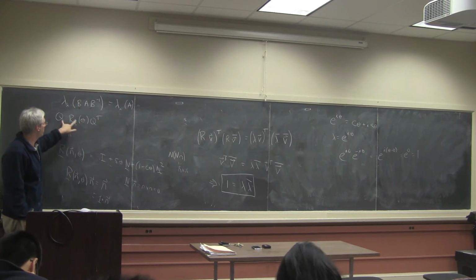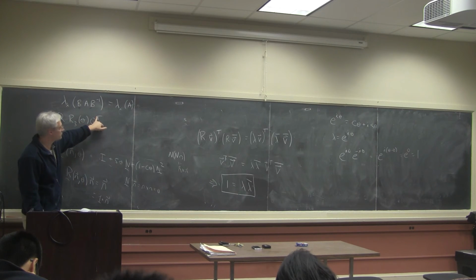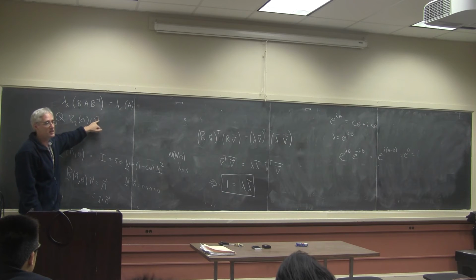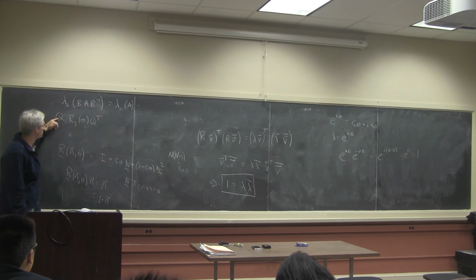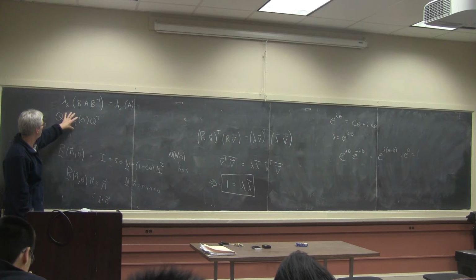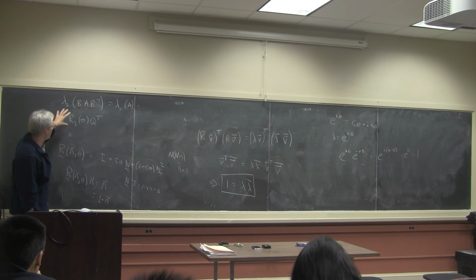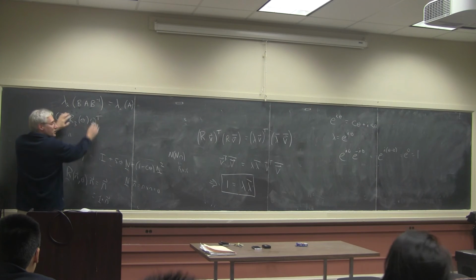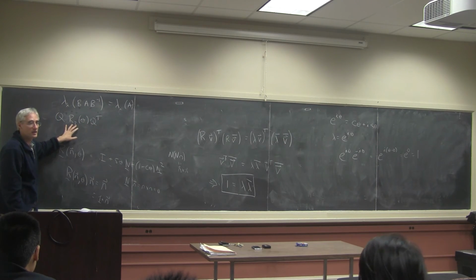And that's exactly what we have here, because for a rotation matrix the inverse is equal to the transpose, Q transpose equals Q inverse. So the eigenvalues of a general rotation matrix like this will be the same as the eigenvalues of just the matrix R3 of theta.